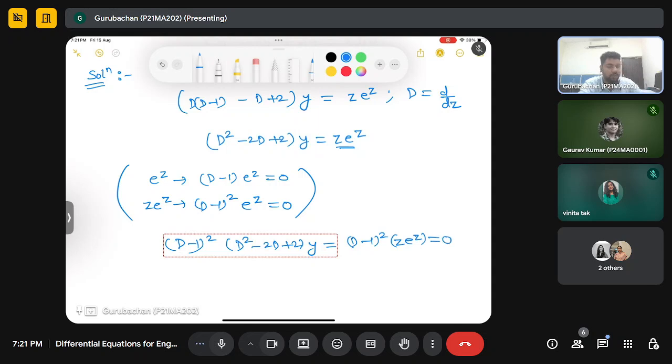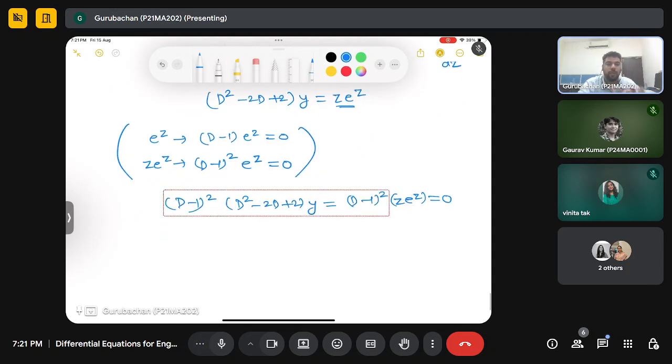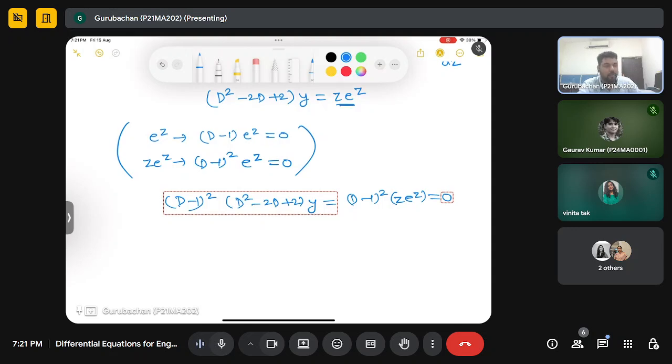So (D minus 1) squared applied to z e to the power z gives 0. Now we get a constant coefficient homogeneous differential equation of order 4. From here the auxiliary equation is lambda (lambda minus 1) squared (lambda squared minus 2 lambda plus 2) equals 0.